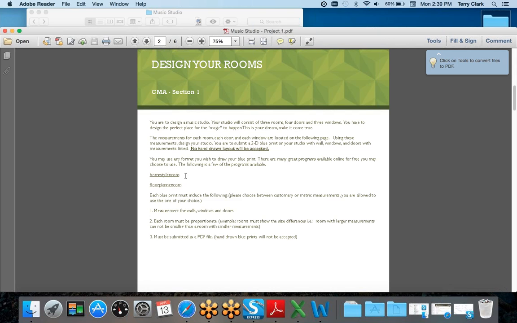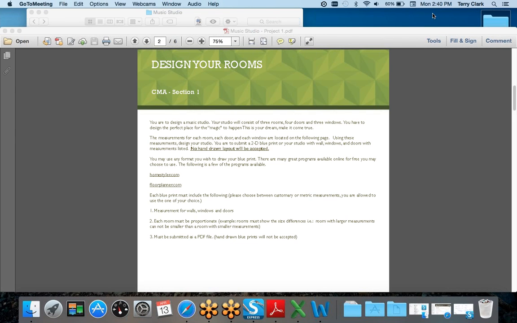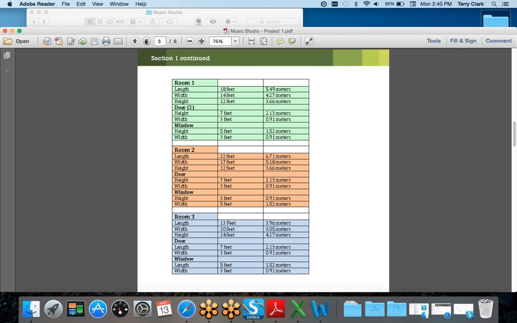You've got 3 rooms to put together. And then it tells you, you're going to use 3 rooms. The dimensions have already been chosen for you. And the doors and the window sizes have already been chosen for you as well. So these are your three rooms here.